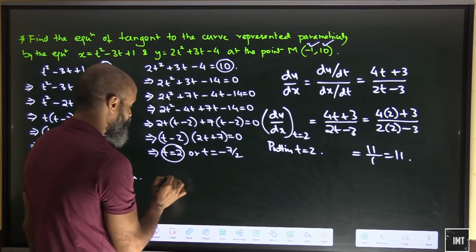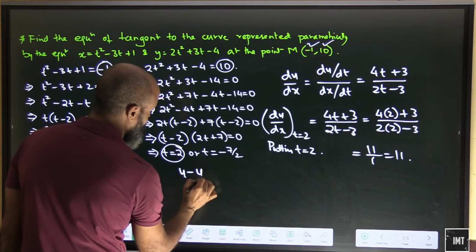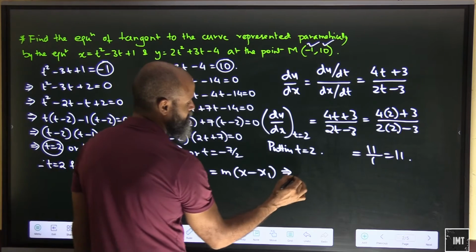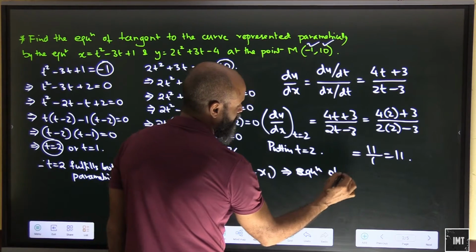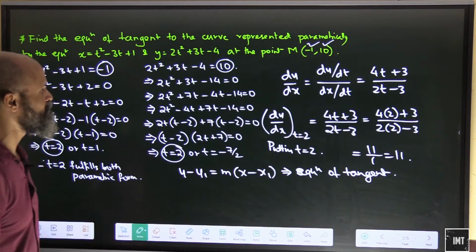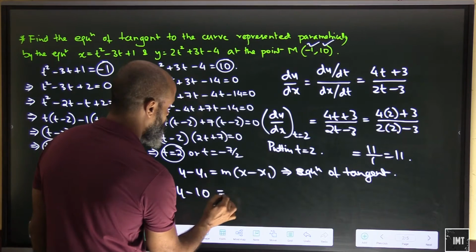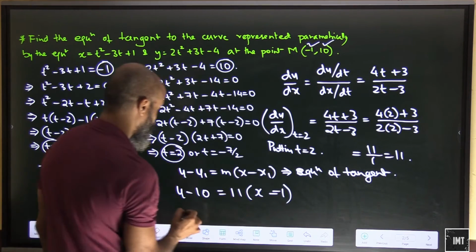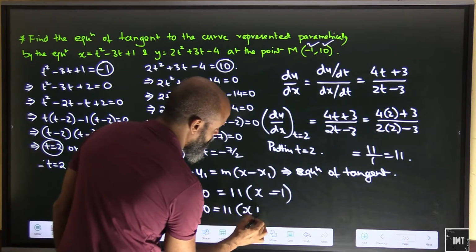Now y minus y1 is equal to m into x minus x1, that will be basically the equation of the tangent. So y minus 10 is equal to m, that is 11, into x minus 1. So y minus 10 is equal to 11 into x minus 1.